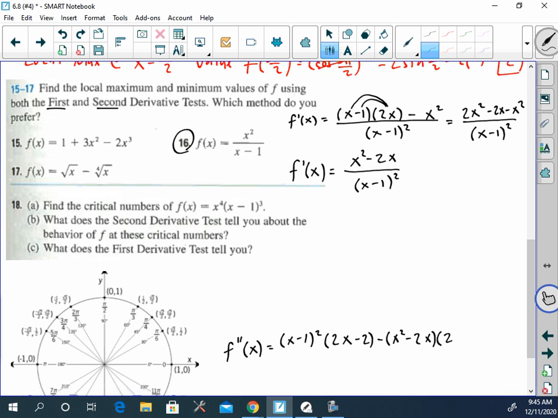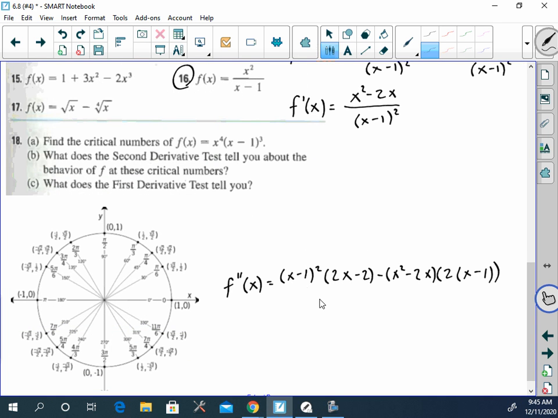So I pull the 2 down for d low, leave the x minus 1 alone, and then multiply by the derivative of the inside, which would just be a 1 there. And this is going to do the same thing as what happened with Mackenzie's question. Are you seeing what I'm talking about? Gonna cancel stuff. Yeah, the one piece will cancel.